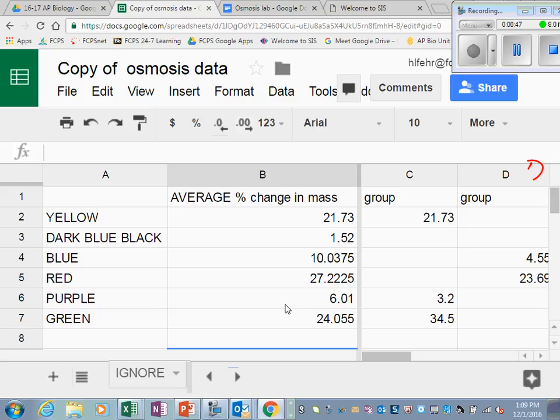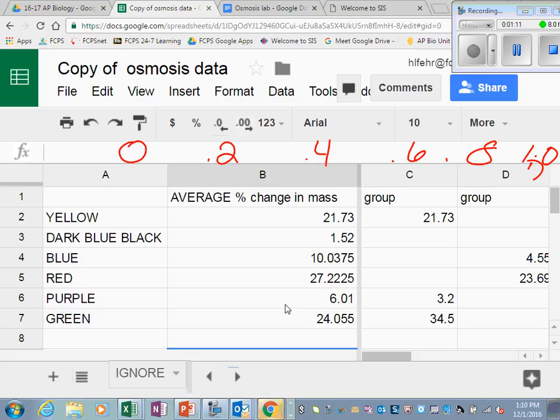Okay, so what were the different solute concentrations in those unknown solutions in the back of the room? There is a 0, there's a 0.2, 0.4, 0.6, 0.8, and 1.0.